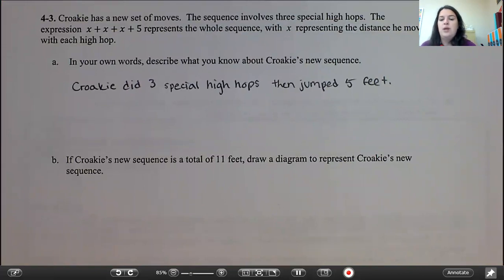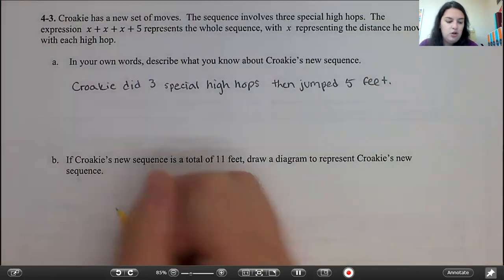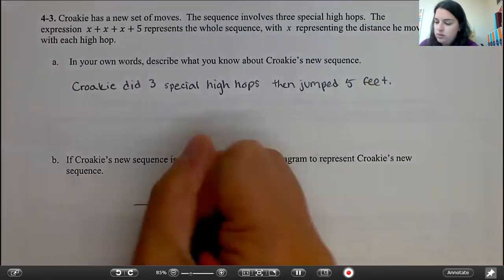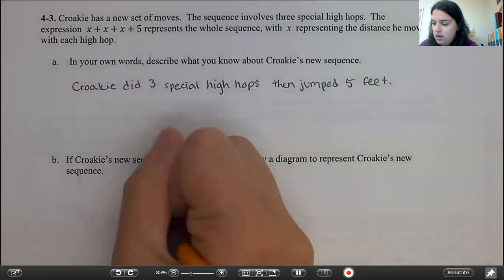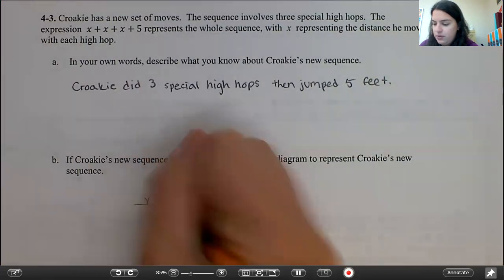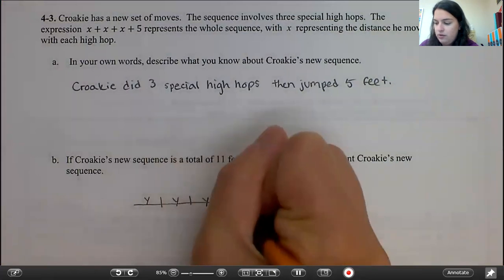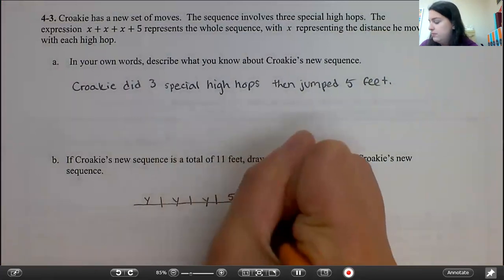Okay, your diagrams may look a little different here, but I'm going to draw my diagram kind of like how they did in the first and second sequence. So we know that we had a high hop, we had a high hop, we had a high hop, and then he traveled 5 feet.